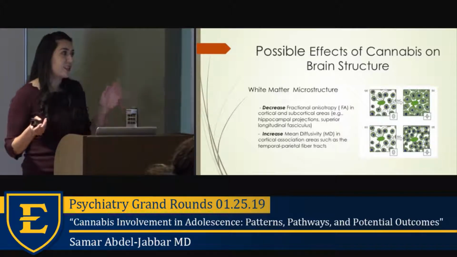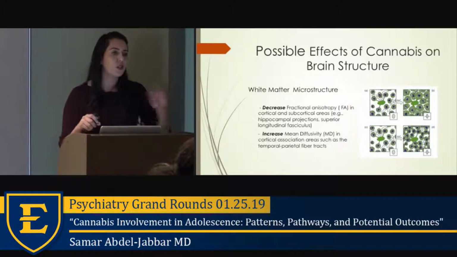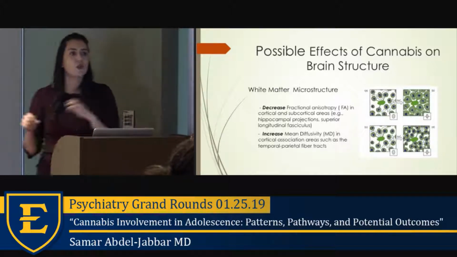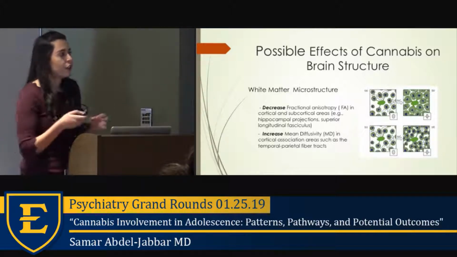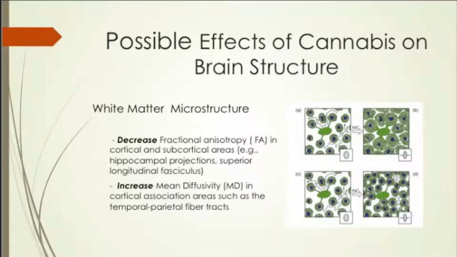FA ranges from 0 to 1, and it studies the movement of water. The closer you are to 0, the more water movement in that area. The closer you are to 1, the less movement of water. If you look at the picture to your right, the top and the bottom, the top picture has more myelin, so there's less water movement in the white matter.